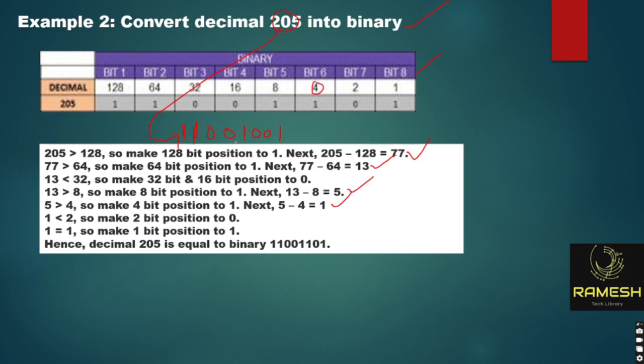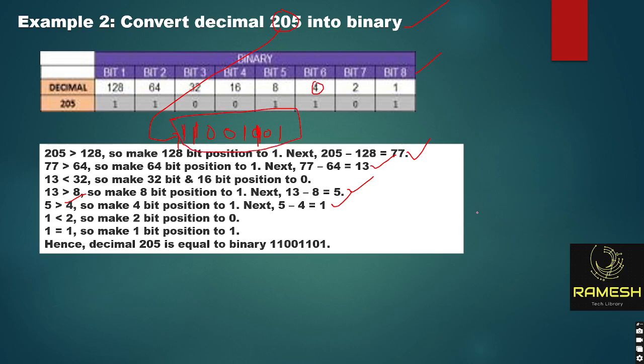We missed one thing here. 11001. Which one is it? The fifth bit, and next is the sixth bit. The sixth bit value is 13 minus 8, 5. Then 5 minus 4 is 1. You forgot to give 1 after this one. Yeah, that's it. So this is the value.